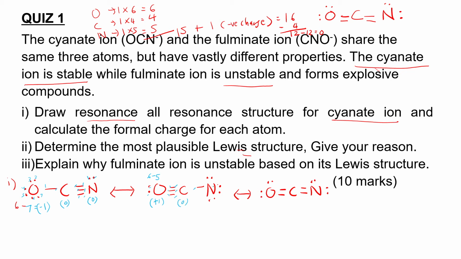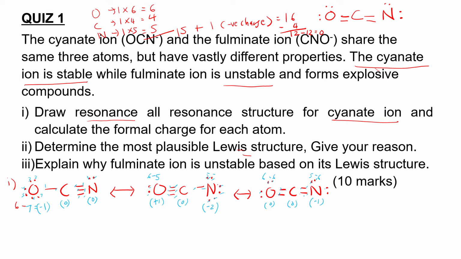Then 5 valence electrons for nitrogen minus 1, 2, 3, 4, 5, 6, 7. 5 minus 7, negative 2. And for the last structure, 6 valence electrons of oxygen minus 1, 2, 3, 4, 5, 6. 6 minus 6, 0. Here 4 minus 1, 2, 3, 4, 0. And 5 minus 1, 2, 3, 4, 5, 6, which is negative 1.